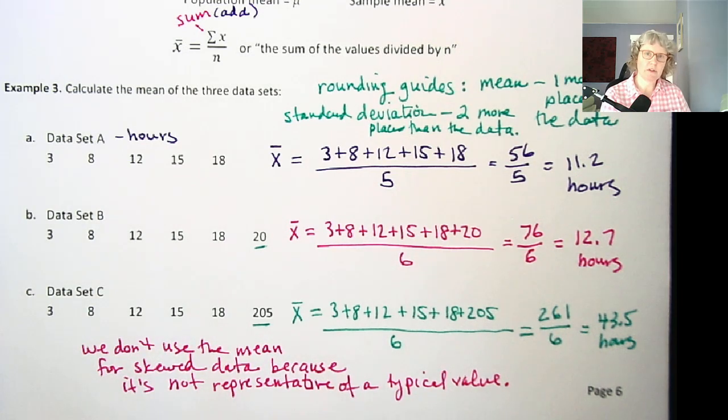Okay, so remember we talked about up above at the top of the note sheet, like the average or typical value or position or location. So it's not representative, that one value is bringing it way up.